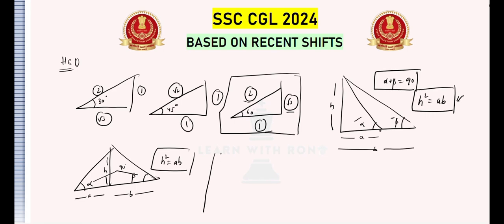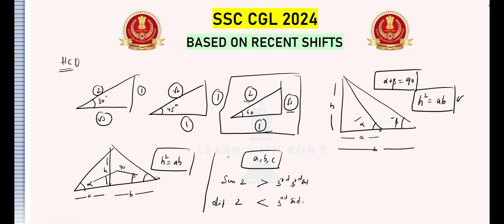And one more thing, you need to know the properties when three sides A, B, C make a triangle. First property: the sum of two sides is always greater than the third side. And the difference of two sides is always less than the third side.